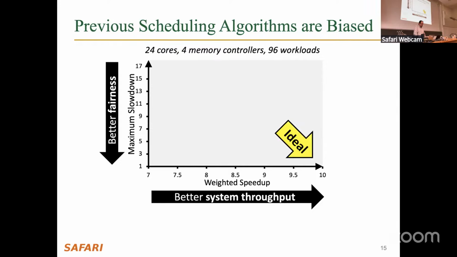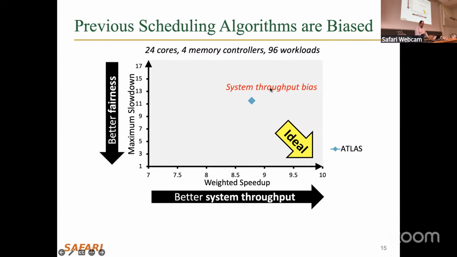Ideally, we want to be here. We want a scheduler which provides the highest weighted speedup, and the maximum slowdown should be 1. So we want to be in this down corner. Now we are showing different techniques and where they belong in this plot.